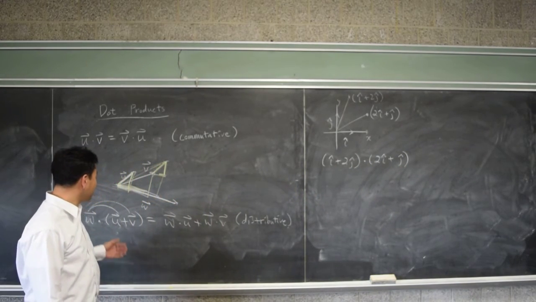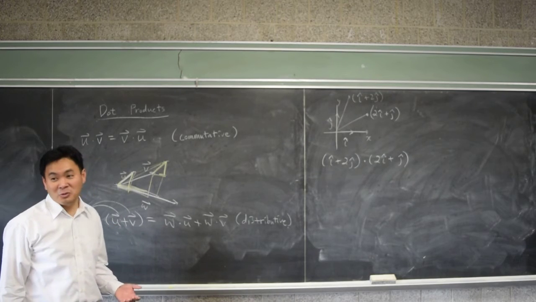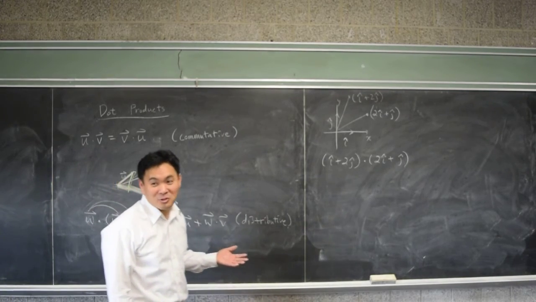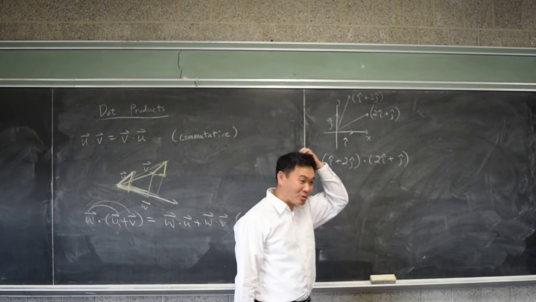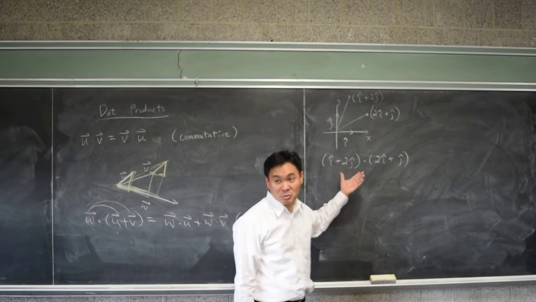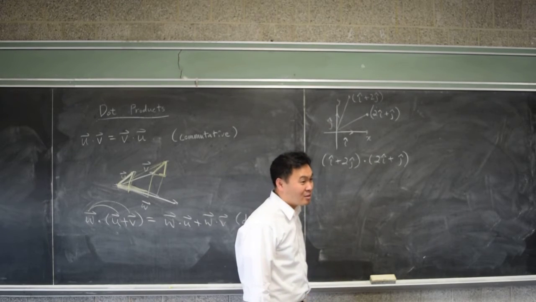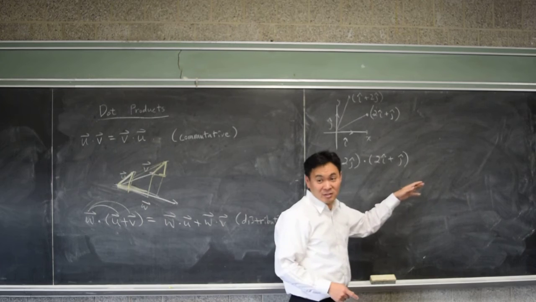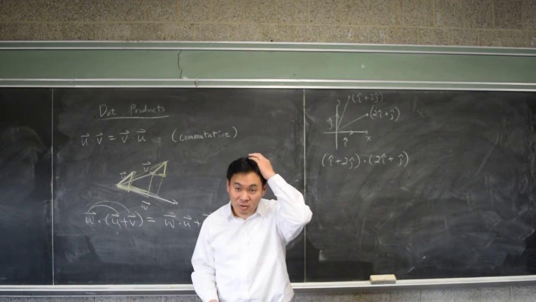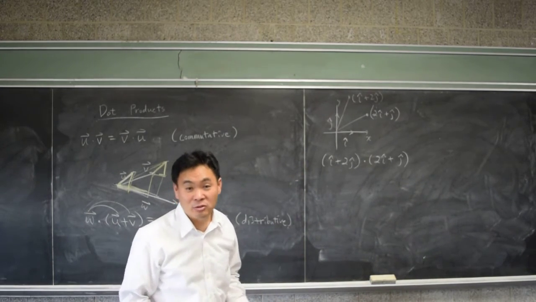Well, if it weren't for the distributive property, we would be just sucking our thumbs, not knowing what to do. But now we have the distributive property. What does that mean? You can distribute, meaning that you can basically FOIL it, just like how you handle regular multiplication.